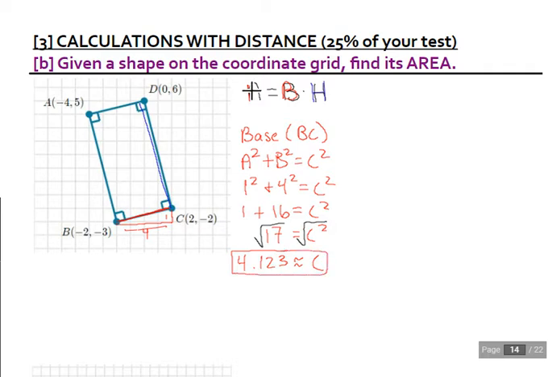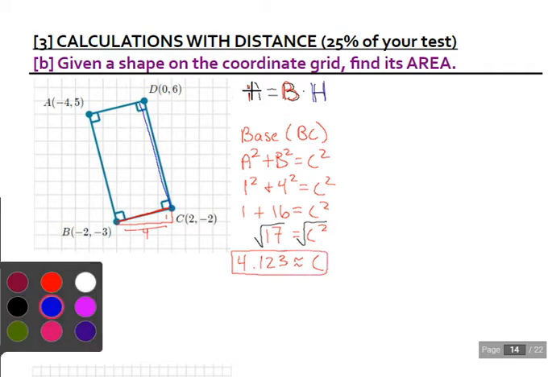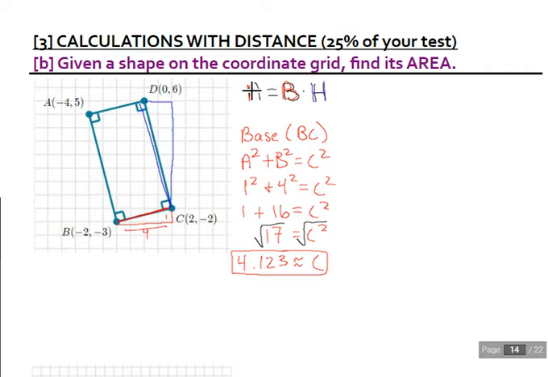Now we just have to find an adjacent side that is perpendicular, an intersecting side that's perpendicular. But since we just need distance, we don't have a new technique. We just simply have distance formula or Pythagorean theorem. Okay, so to find the height, which is going to be, what's that, DC.